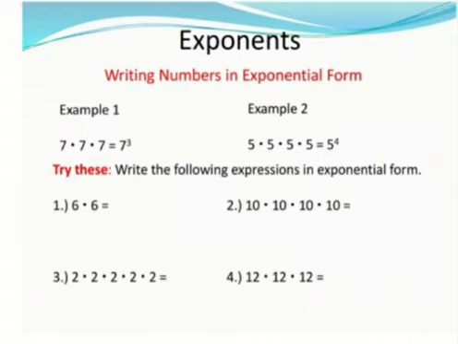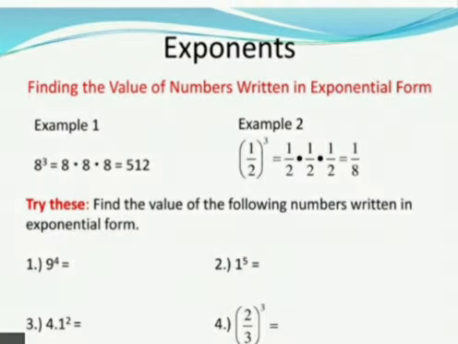Example 1. 6 multiplication 6 is equal to 6 squared because 6 and 6, two numbers, exponent 2. And 10 multiplication 10 multiplication 10 multiplication 10, this 10 exponent 4, and so on.